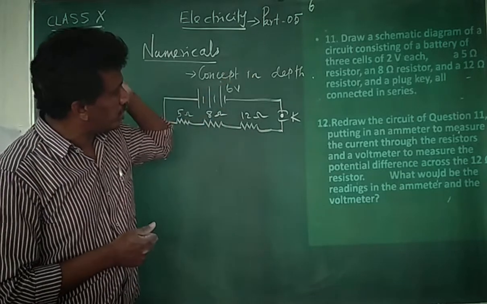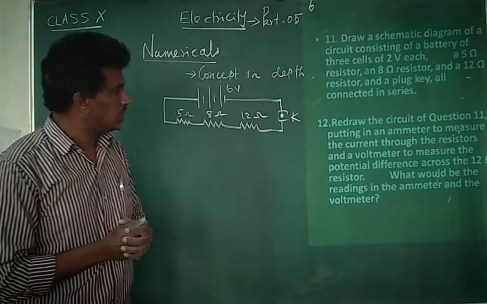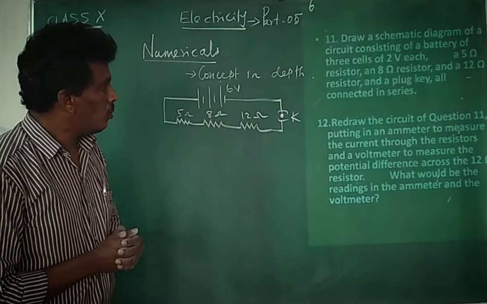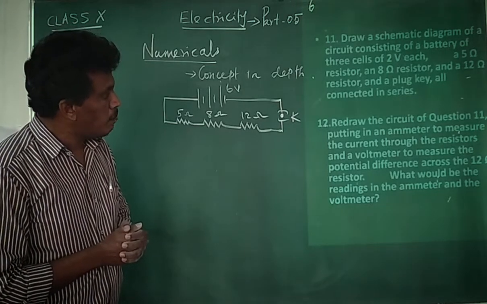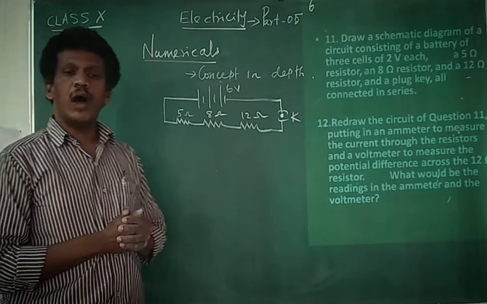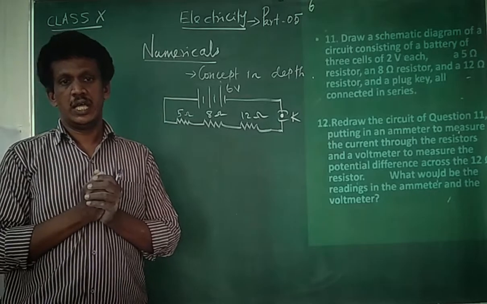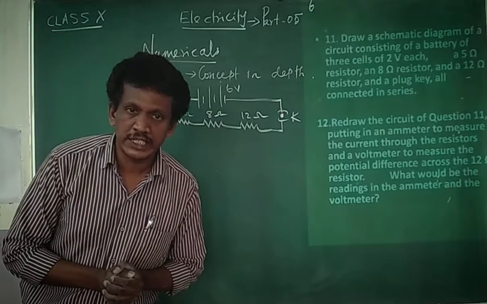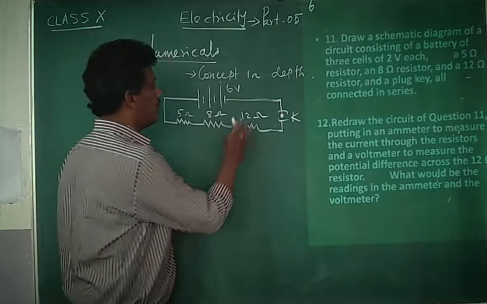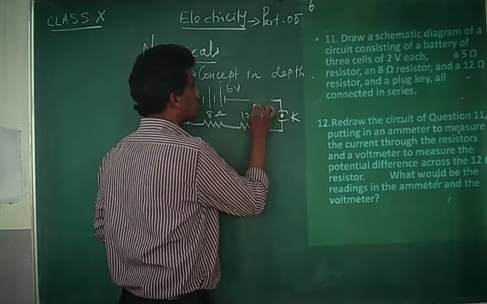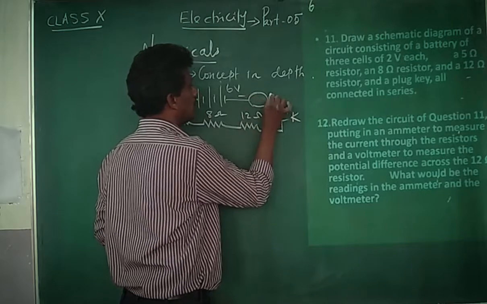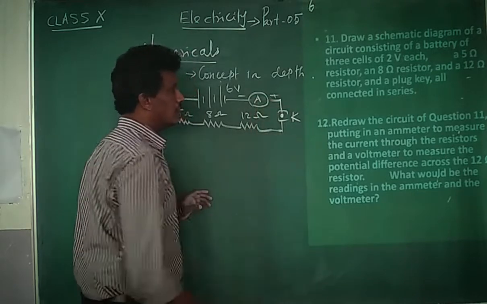Very clear. So you should understand the series, and how to do a parallel combination. Now, based on question number 11, look at question number 12. Now, put in an ammeter to measure the current. How to measure the current? Using an ammeter. In which combination does the current remain the same? Series. So definitely the ammeter should be in series, minus here, plus on the ammeter.